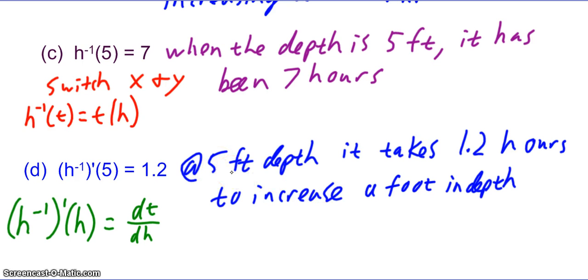Good stuff. Again, this is all really important to give you a really good understanding of the relationship between a function and its derivative, and in this case also between a function and its inverse and the derivative of its inverse.